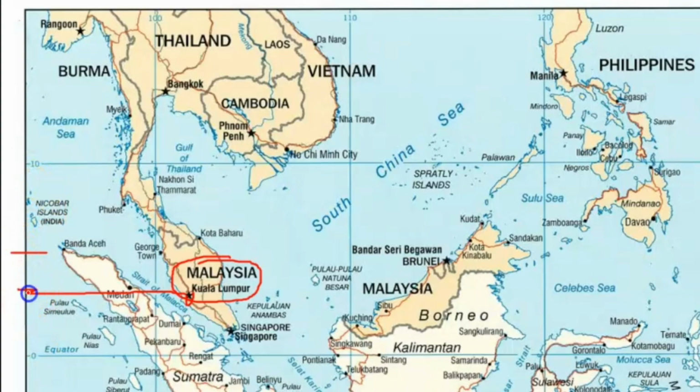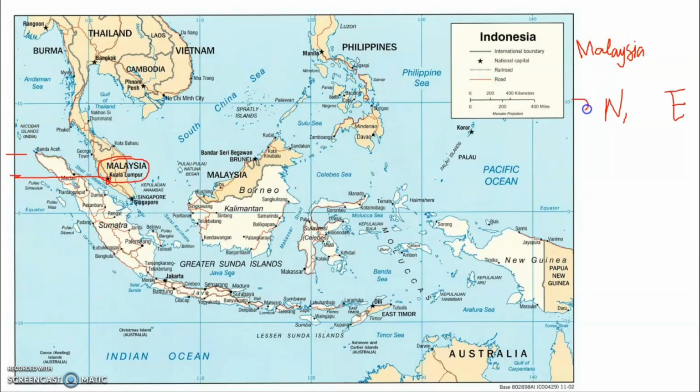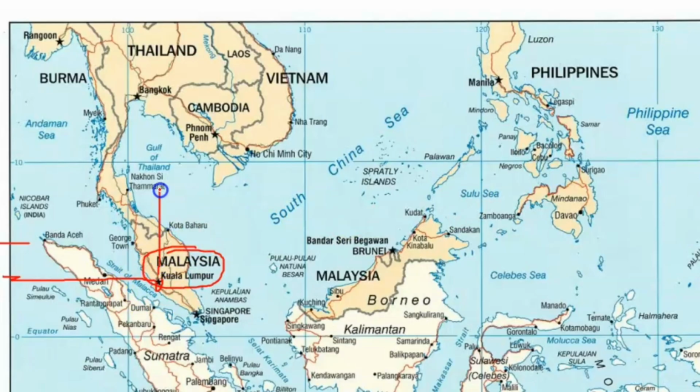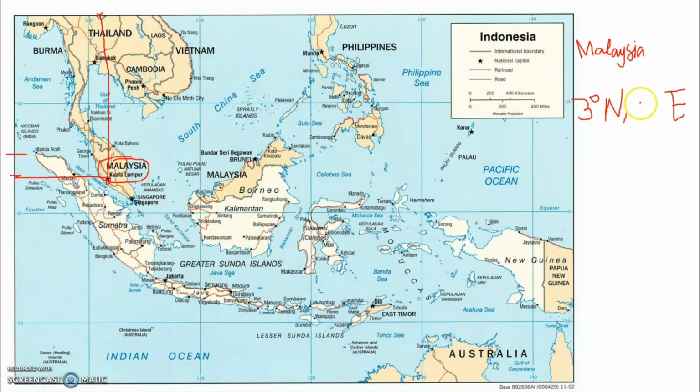Kung andito lang siya sa part na to, maybe this is 3 degree north. And yung east naman siya, saan siya nakatapat? Dito sa part na to. Kung ito 100, maybe this is only 101. So, the coordinates of Malaysia, Kuala Lumpur is 3 degree north, 101 degree east. Now, let us have Thailand.